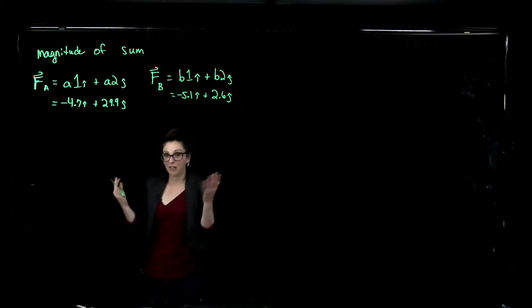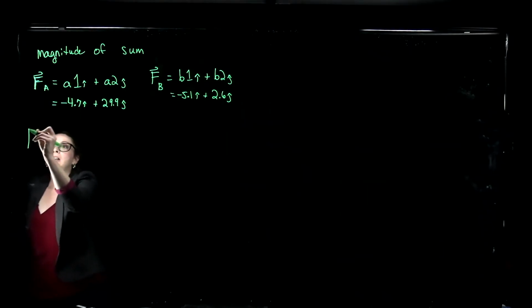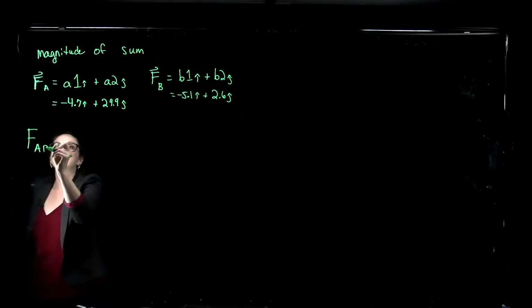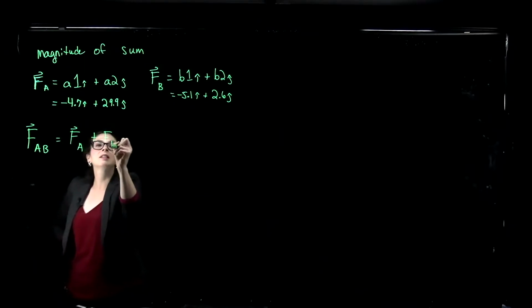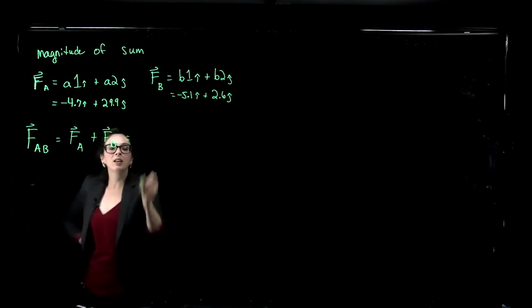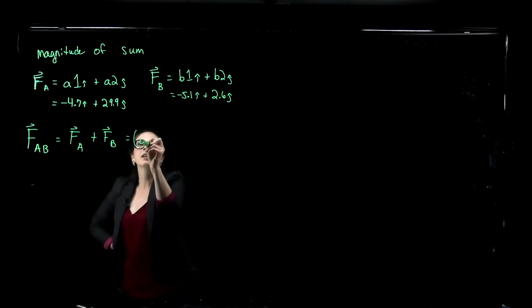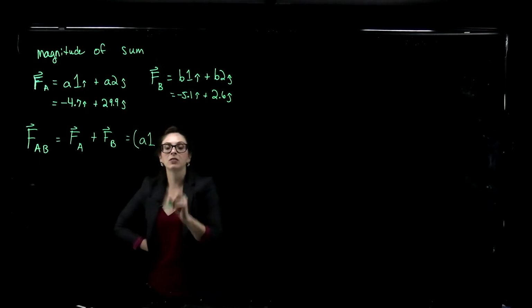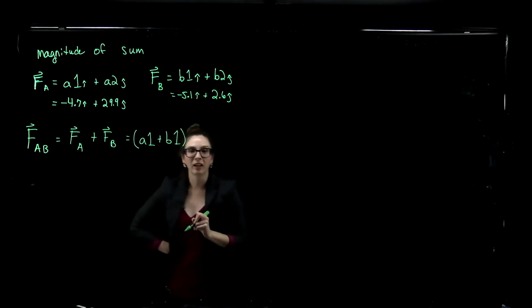So now we have to sum them together. Let's call the sum of these two vectors vector F_AB. That equals vector A plus vector B. The sum of two vectors is the X component of the first vector plus the X component of the second vector.